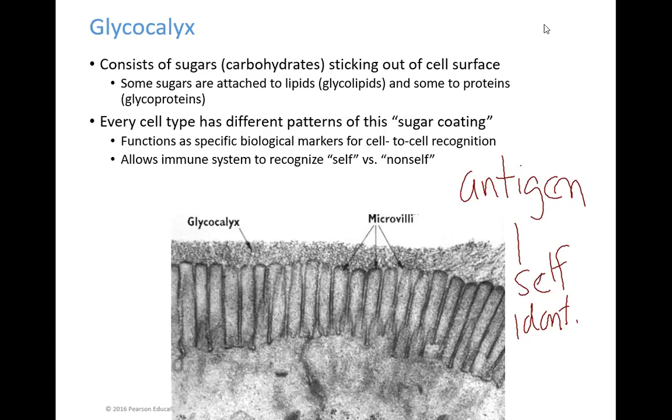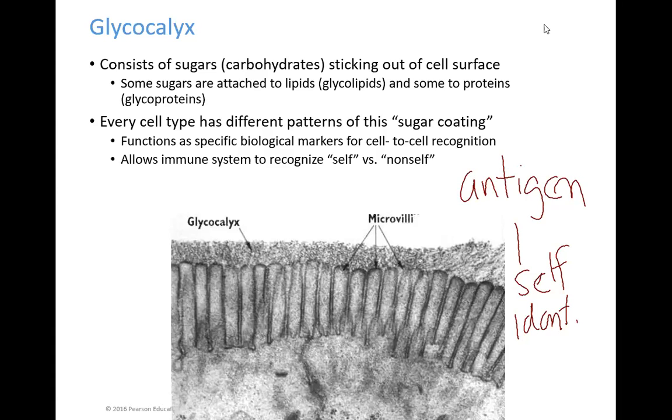All red cells have a glycocalyx structure telling us, excuse me, this happened earlier too. All of our cells in our bodies have a glycocalyx structure sticking up identifying us as us.